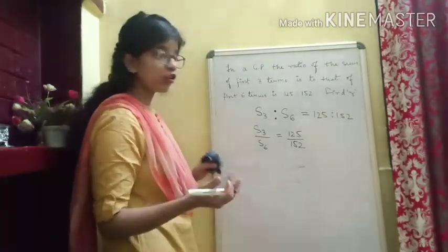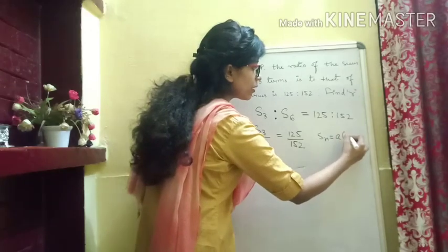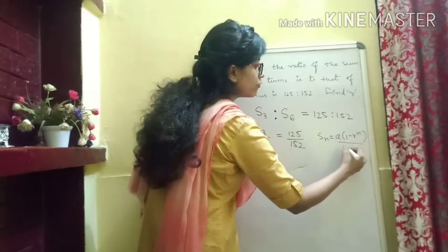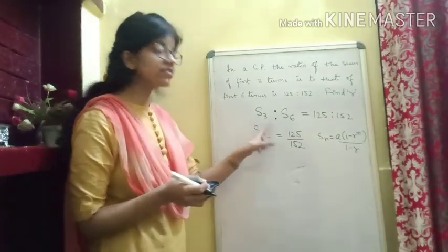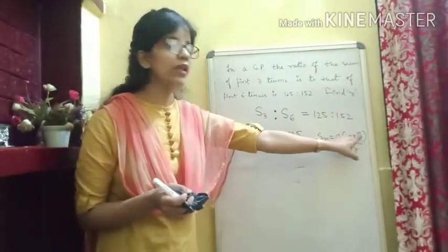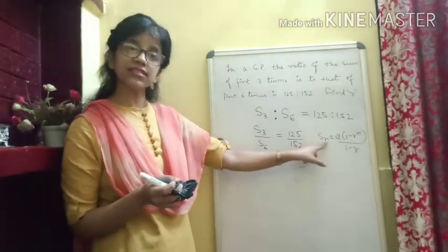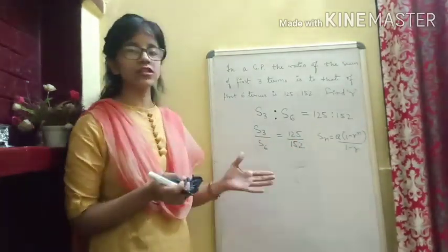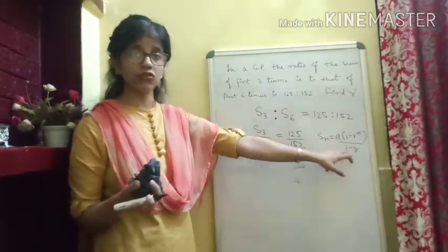So if I recall the formula, it would be Sn equals a(1 minus r to the power n) upon 1 minus r. This is our formula. Here if we apply this for S3, what is the value of small n? That would be 3. And for S6, what is the value of small n? 6. And just now we don't know the value of small a, the first term. We have to calculate r, we don't know r as well.